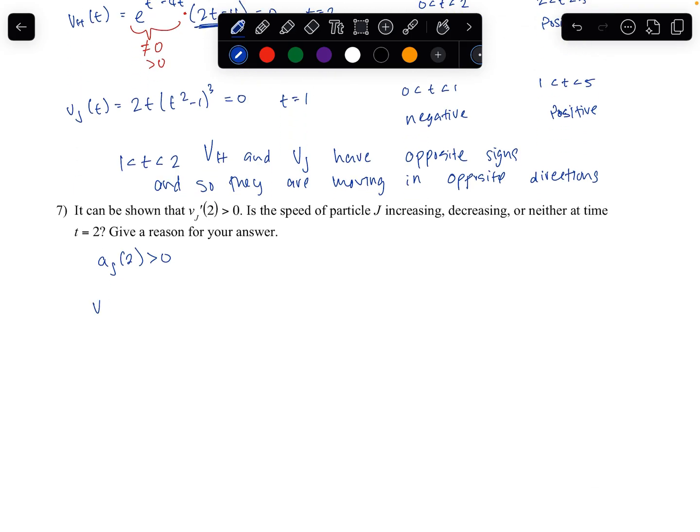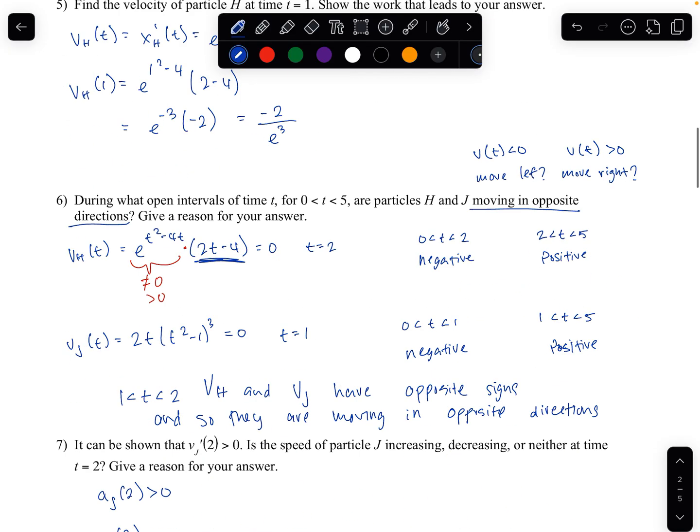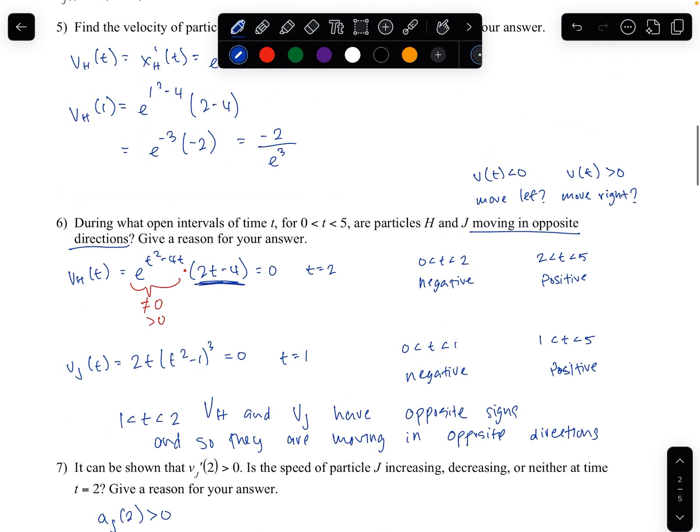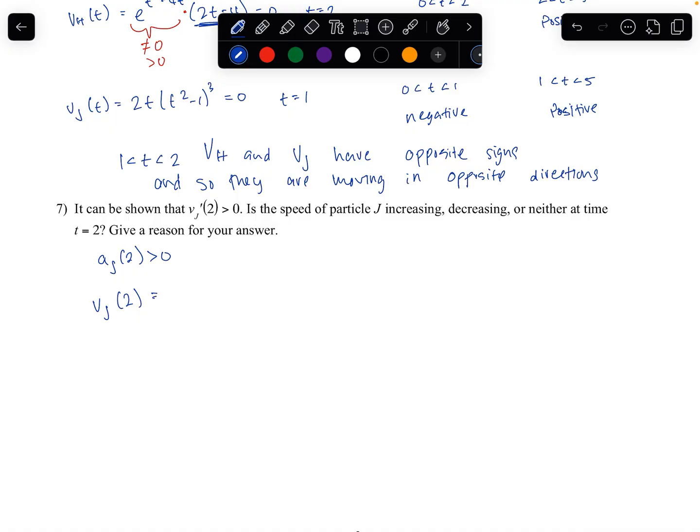So then I also want the velocity of J at 2. So here is the velocity of J. Let's plug in 2. So that's going to be equal to 2 times 2 times (2 squared minus 1) cubed. So that's going to be equal to 4 times 3 to the third.